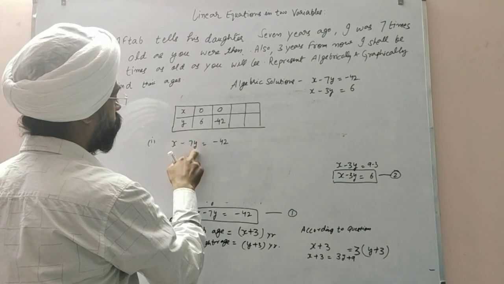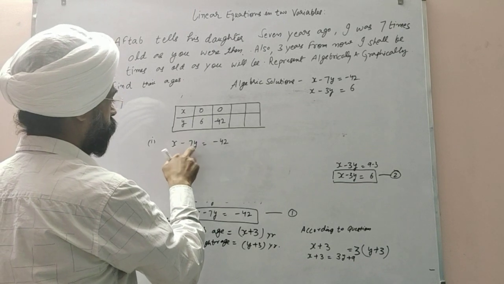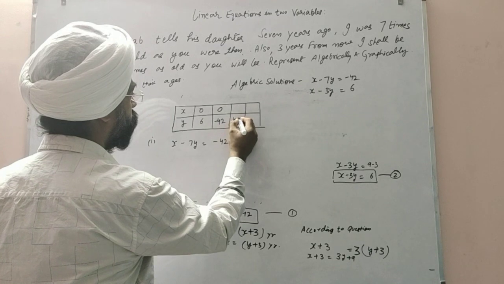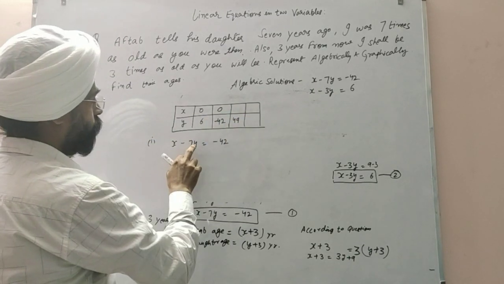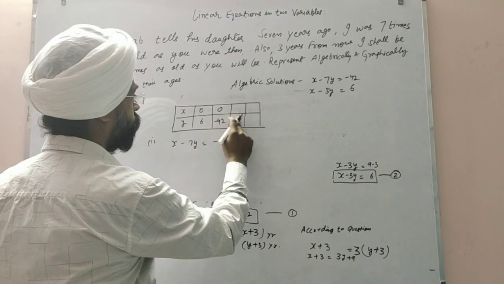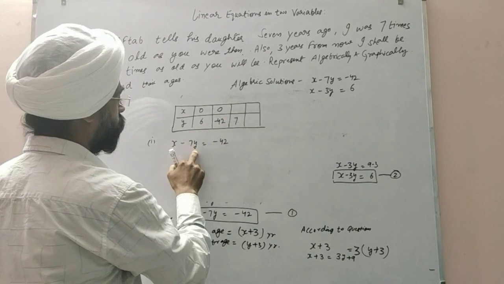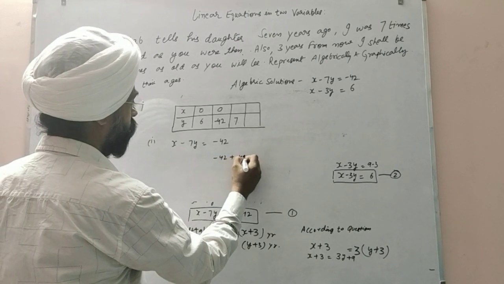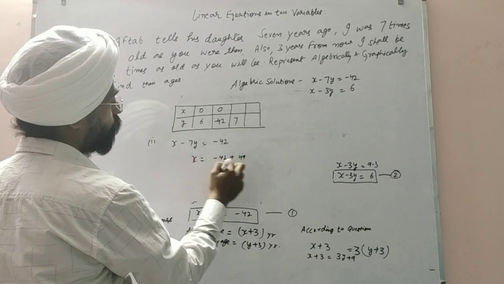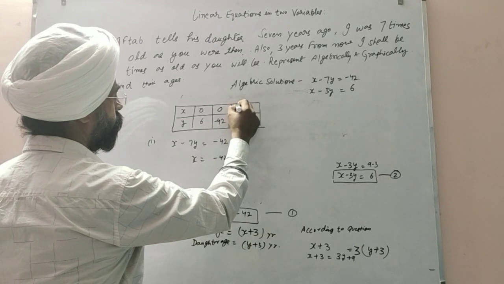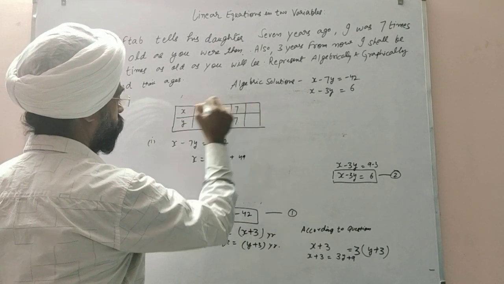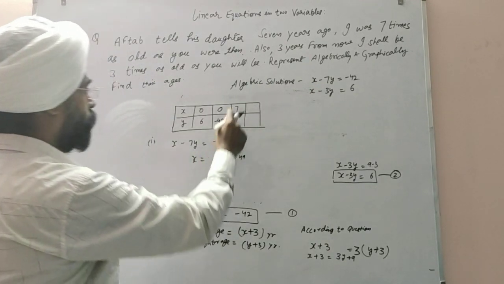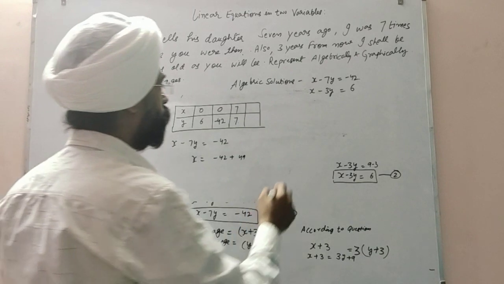Take y as 7, 7 sevens are 49, minus 42 plus 49 will give you x equal to 7. So x is 7 and y is 7. So this is the first equation.